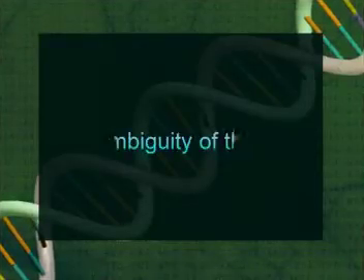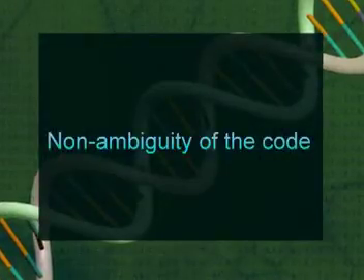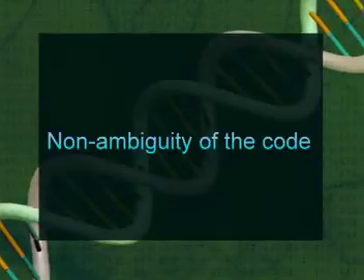Non-ambiguity of the code. It means that there is no ambiguity about a particular codon. A codon will always code for a particular amino acid. However, an amino acid can be coded by more than one codon, but the same codon shall never code for two different amino acids.